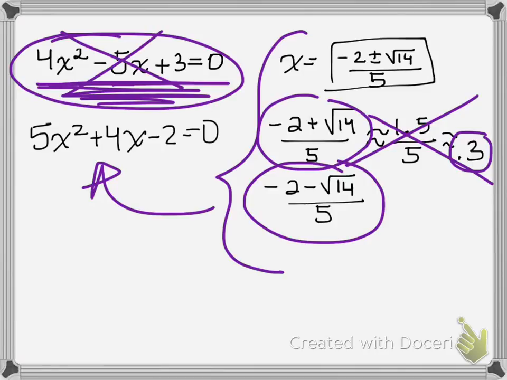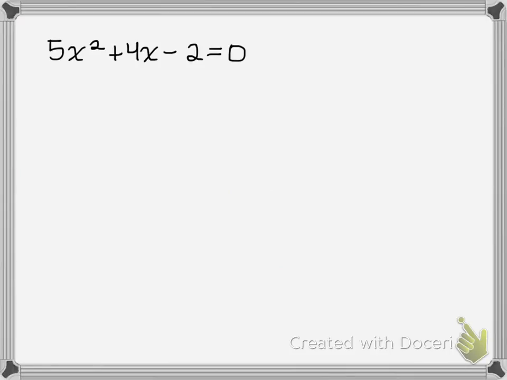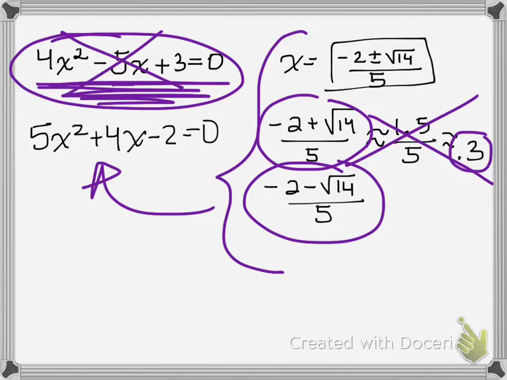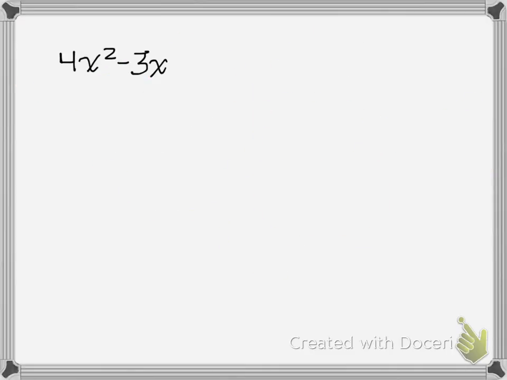Actually, this one I want to briefly address, this 4x squared minus 5x plus 3. So let's take that forward. This is where I thought I was. All right, so 4x squared minus 5x plus 3 equals 0. Now, if I solve this for x, I'm not going to be able to factor it.